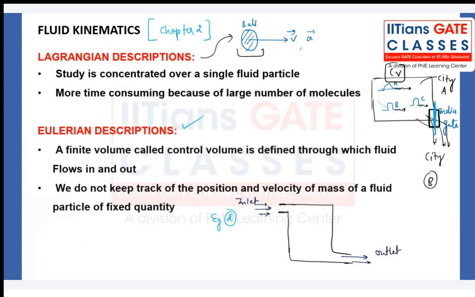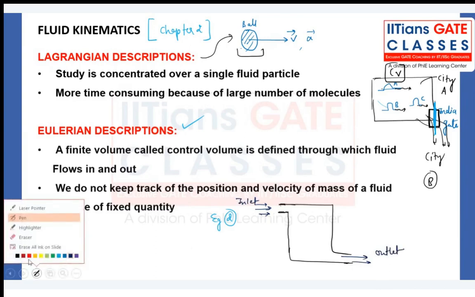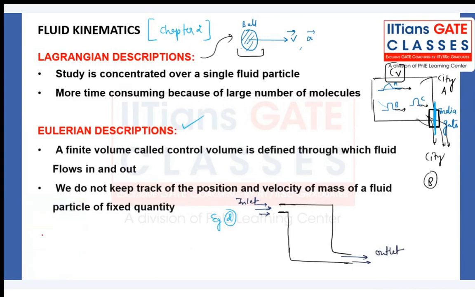So what Eulerian description always says is, first of all, try to select one control volume. You don't focus on everywhere, you just take a control volume, right?